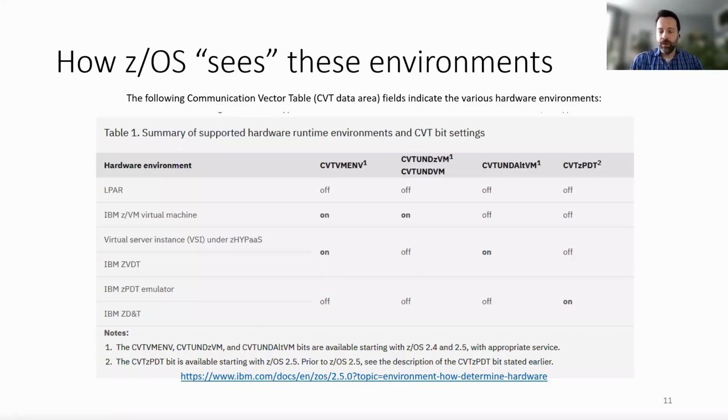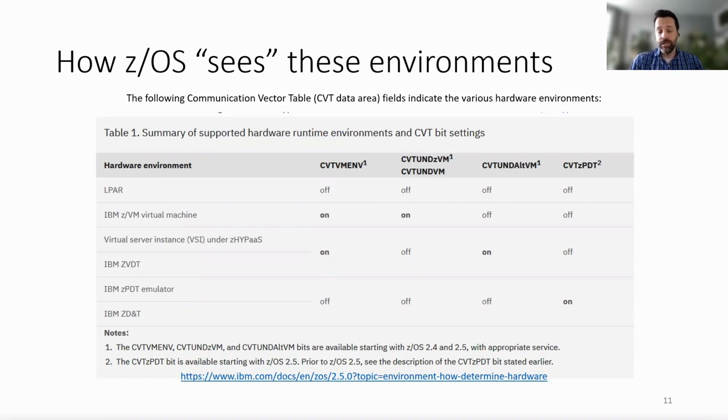And the last thing, again, more just as reference material for anyone that is interested in this, there is a link, and I have it at the very bottom of this slide here. There is a link to the zOS knowledge page that talks about how zOS, for lack of a better term, sees these environments.